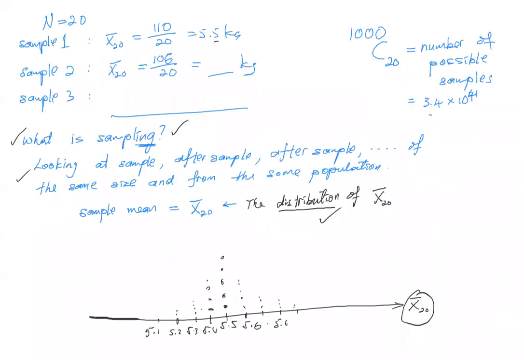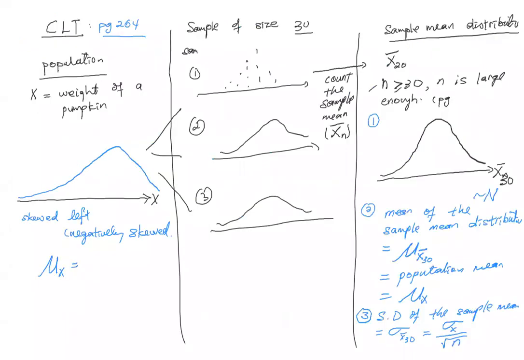Is it possible for us to get all the possible samples? You work until next year also, you can't finish. Do you know how big this number is? So if you imagine you take all the possible samples, and for each sample you count the mean and plot the graph of the sample mean distribution, you will get a graph like that.